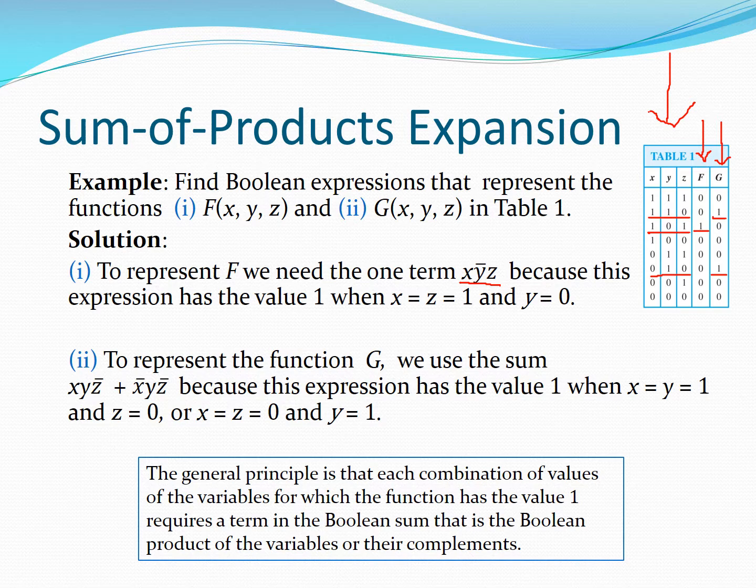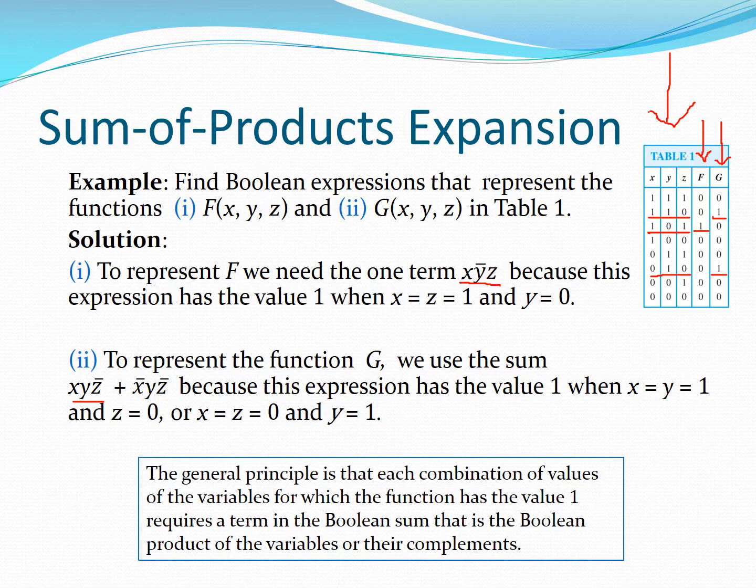We have x is 1, y is 1, z is 0. So this is going to be x times y times z bar. And what is going to be the other term? The other term in the expansion is going to be x bar times y times z bar. And both these terms have to be added. Once again, since x is 1 and y is 1, the terms are going to come as they are, and since z is 0, it's going to come as z bar in the sum of products expansion.